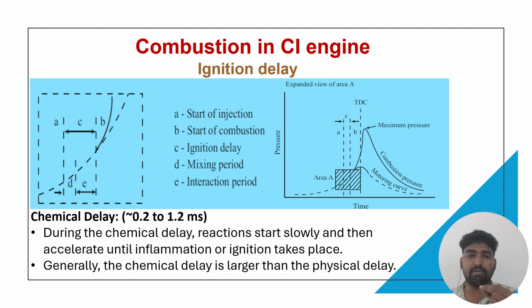Because the length of this delay determines how much fuel has accumulated in the cylinder before burning begins, and the amount of fuel burned determines the efficiency, emissions, and everything. So a longer delay means more pre-mixed fuel, which directly impacts the further stages. It is the most critical factor for controlling diesel engine noise.